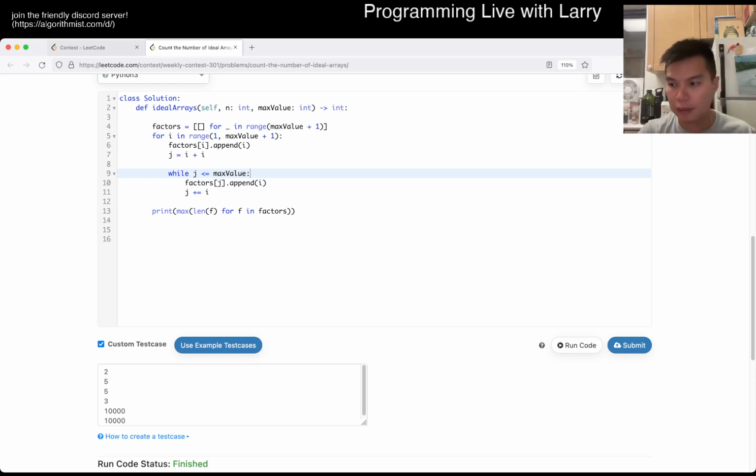So basically, for a given number, what does that mean, right?